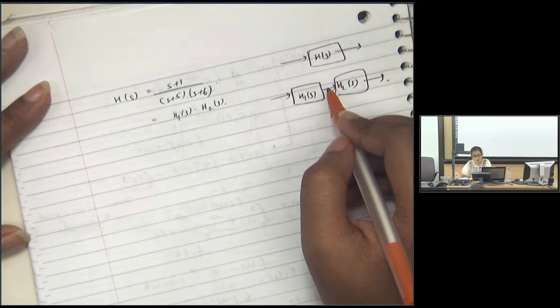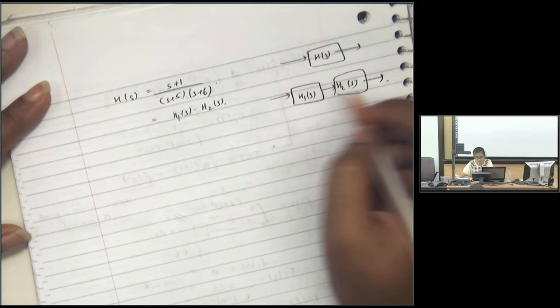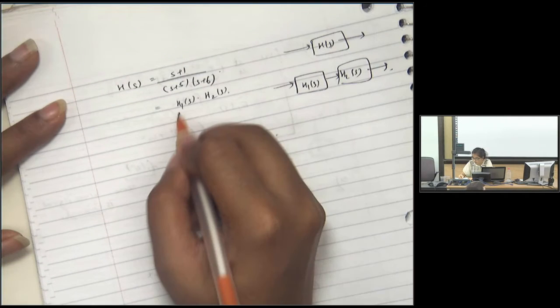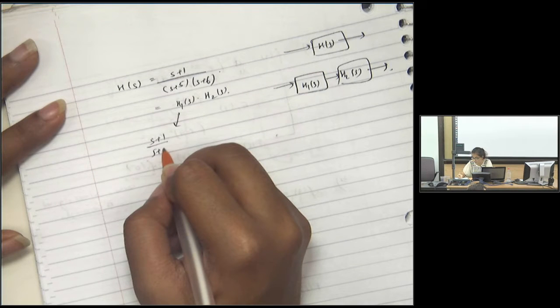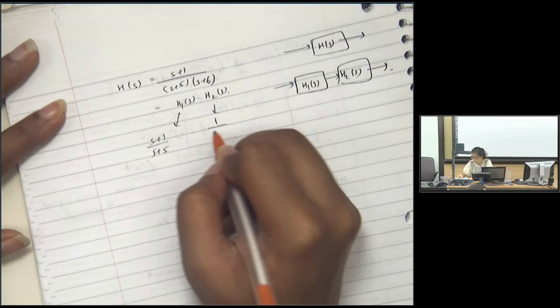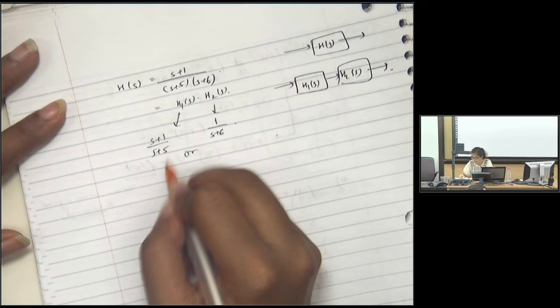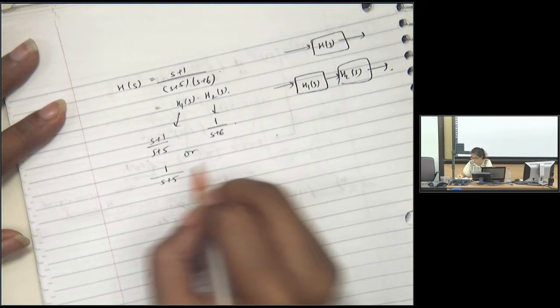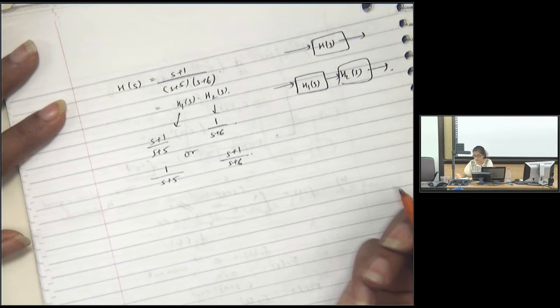Right? That's the idea I'm using. That's why I can do this. So here I can have H1 of s as s plus 1 over s plus 5 and H2 as 1 over s plus 6, or I can have H1 as 1 over s plus 5 and this is s plus 1 over s plus 6. Either of the ways.